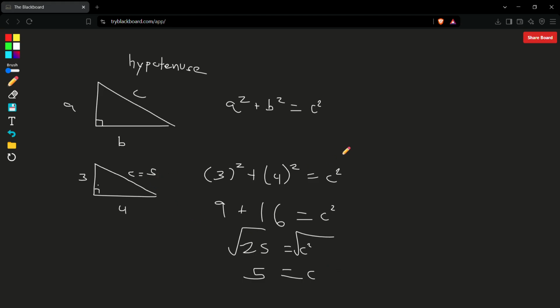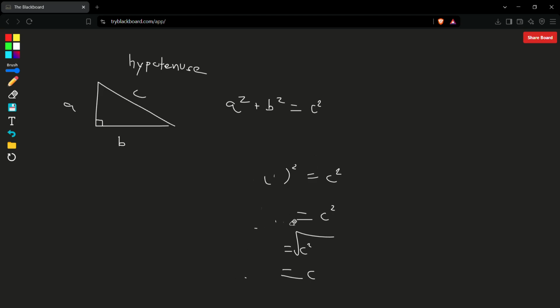Now, let's try another example. What if we try to find one where the hypotenuse is given, but one of the legs isn't? Can we still solve that? Of course.